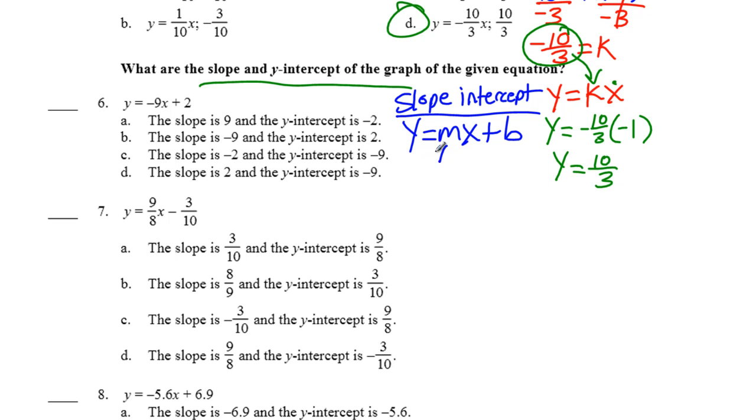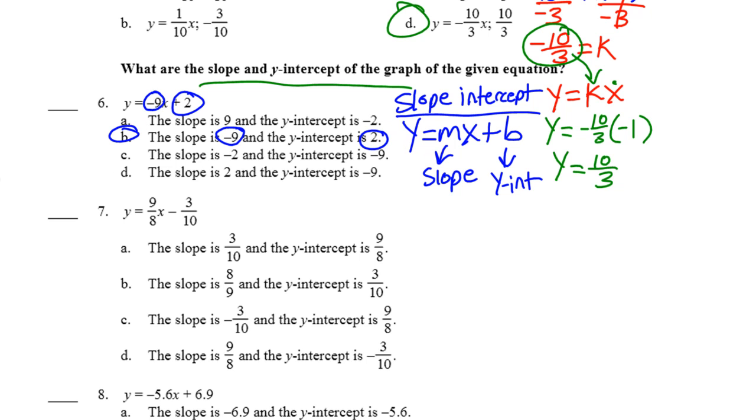Now, if you know that the m is slope and that the b is the y-intercept, then you are in really, really good shape, because m is slope, so this is the slope, and then the y-intercept is the 2. So the slope is -9 and the y-intercept is 2.